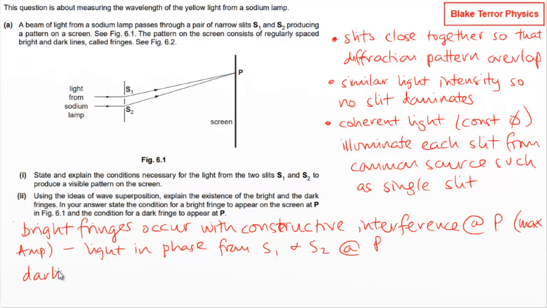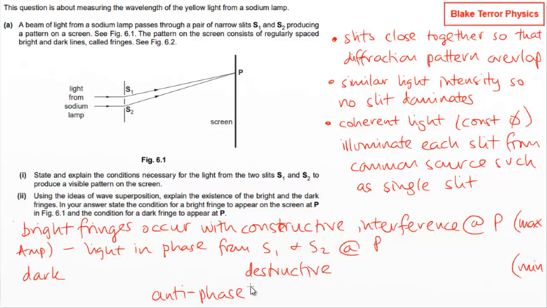For dark fringes, this is going to be destructive interference at P, which means we're going to have a minimum amplitude and the light will be in antiphase from S1 and S2 at P.